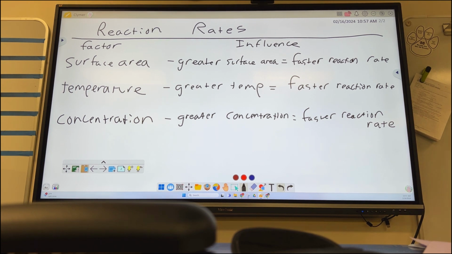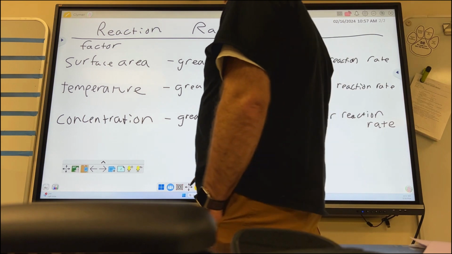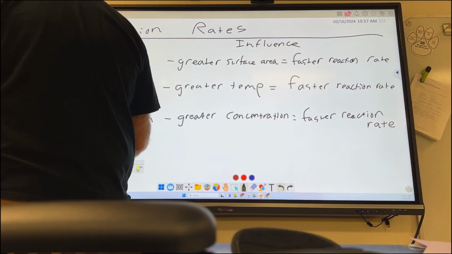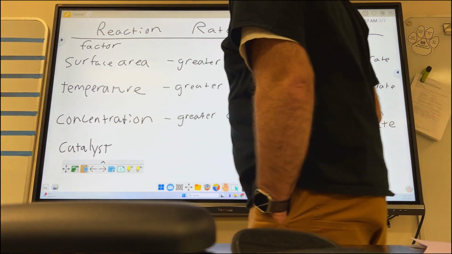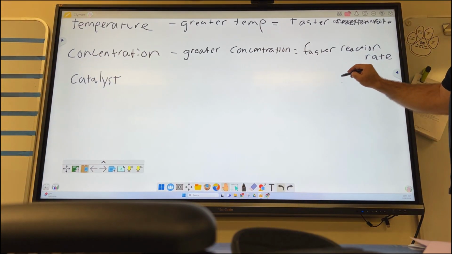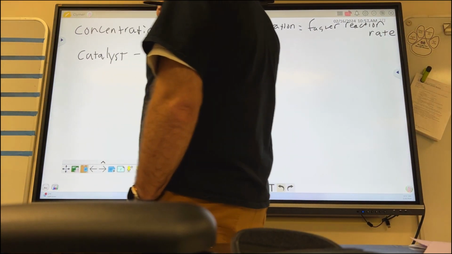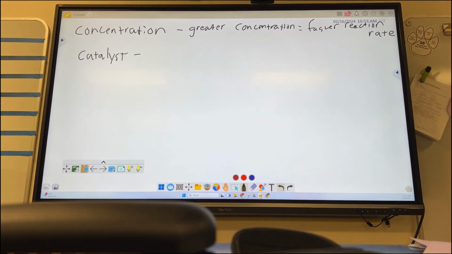And then the last one that we did was the catalyst. This is a little bit more interesting to describe. How did the addition of a catalyst influence the reaction that we observed? It sped it up. Sped it up just by doing what? Being there. Did we have to make the temperature higher?